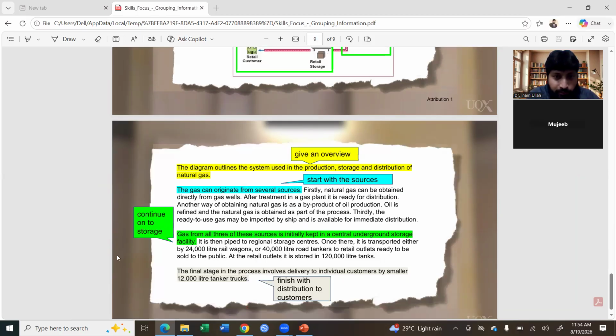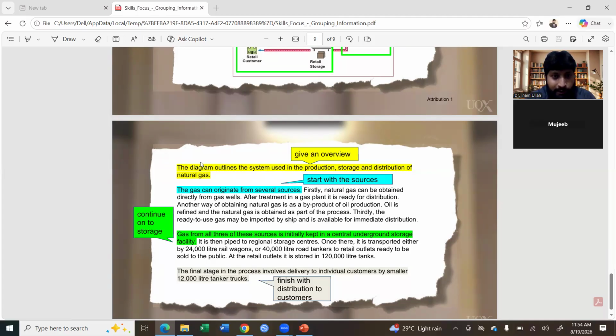Now, can you please read the first line, the first overview of the diagram? Could you please read it in yellow? The diagram outlines the system used in the production, storage, and distribution of natural gas.